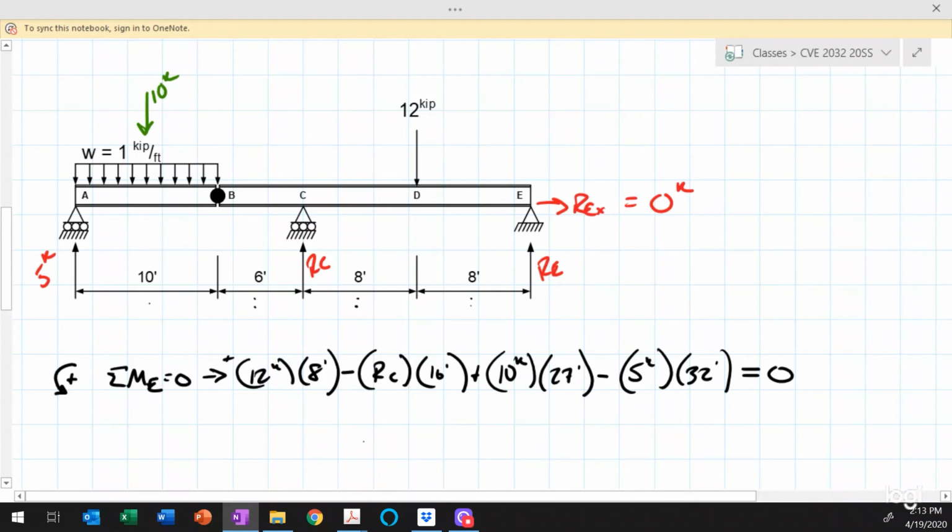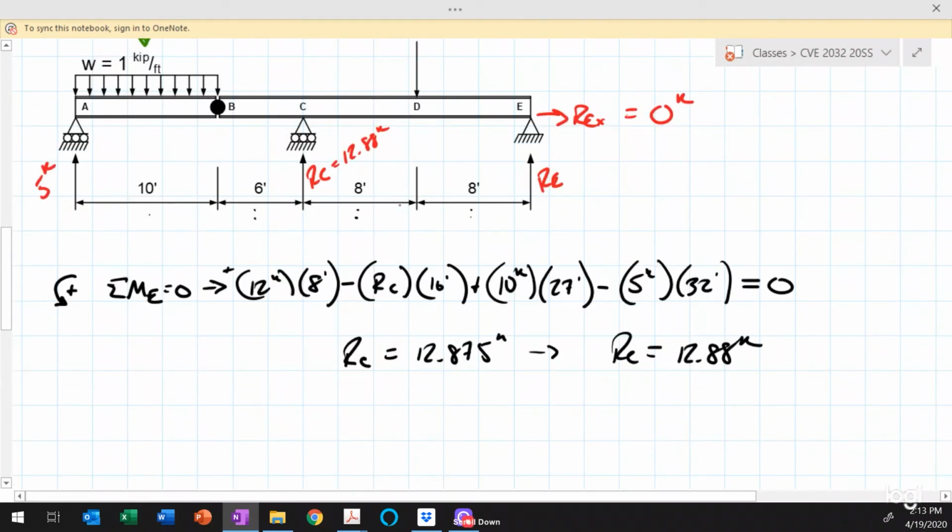Okay, if we do the math on this, then what we find is that R sub C is equal to 12.875 kips, or round that to 4 significant figures, and we get R sub C is equal to 12.88 kips. Now I can do a couple of things. I could take the sum of the forces vertical, or I could take the sum of the moments about a different point. I'll take the sum of the forces in the y direction for this entire free body diagram.